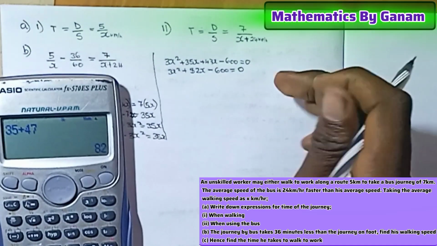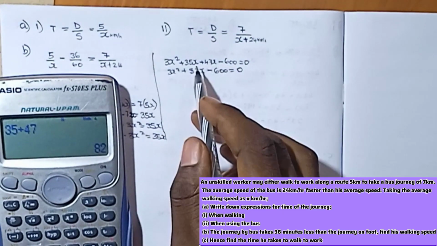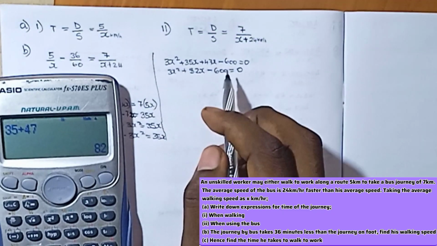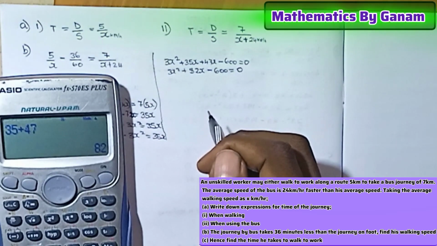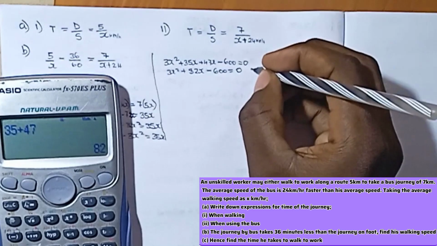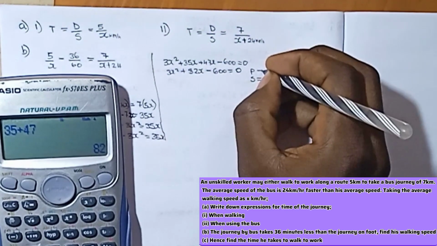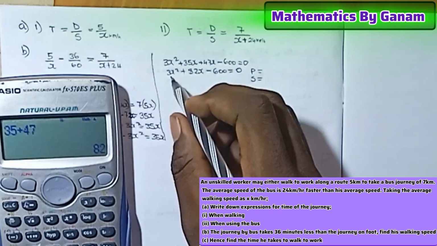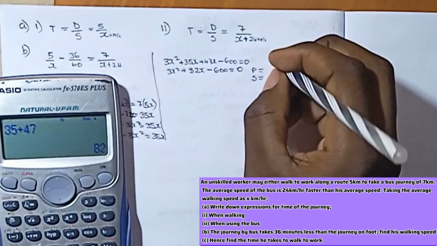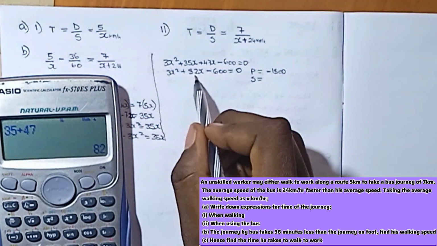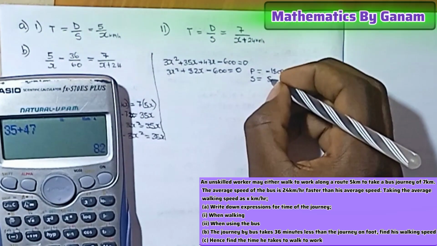So this is a quadratic equation, we can use different methods in solving this, but you can just use product and sum, because the product here is 600 multiplied by 3, which is negative 1800, and the sum is 82.